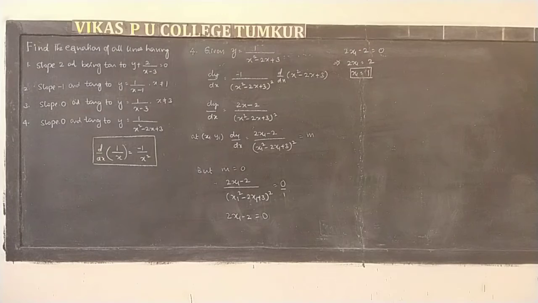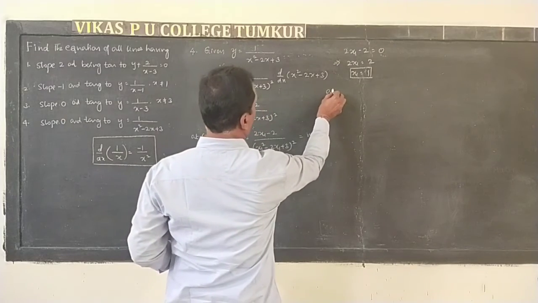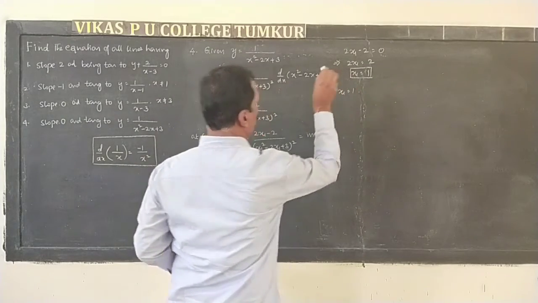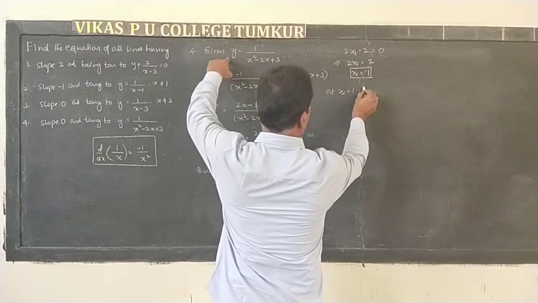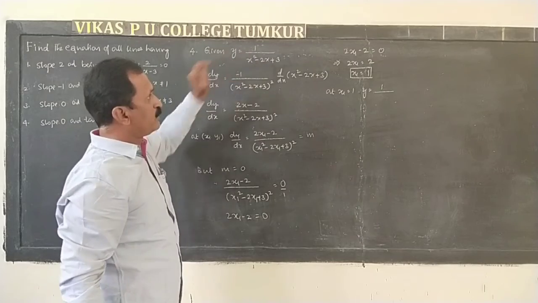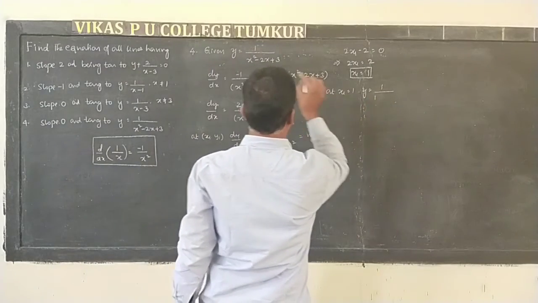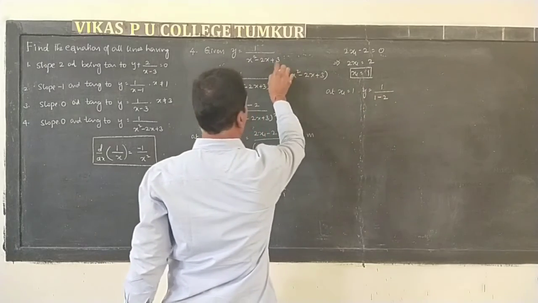So at this point I want to find y1. At x1 is equal to 1, shall I substitute y? y is equal to 1 divided by 1 square is 1, minus 2 into 1 is minus 2, plus 3.